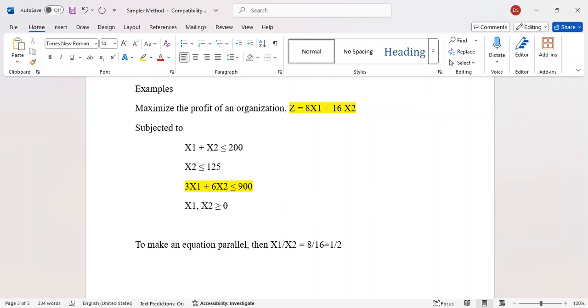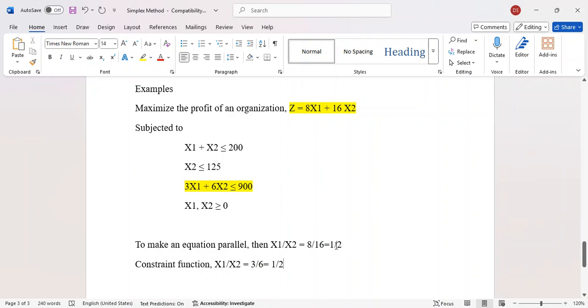Then for the constraint function, suppose I take the third one, then also x1 coefficient divided by x2 coefficient equals 3 by 6, which equals 1 by 2.